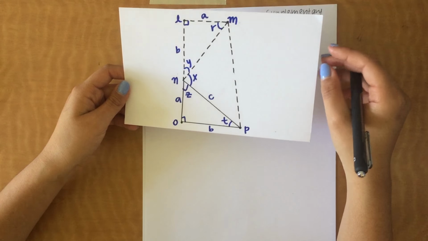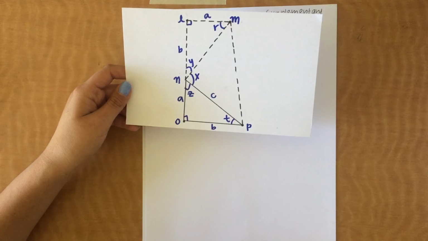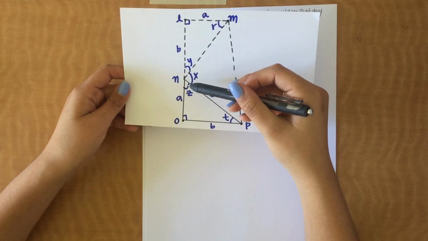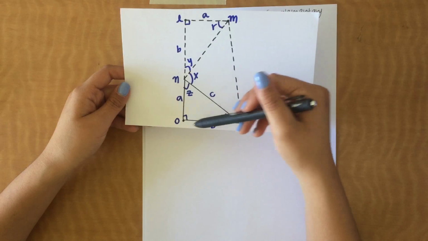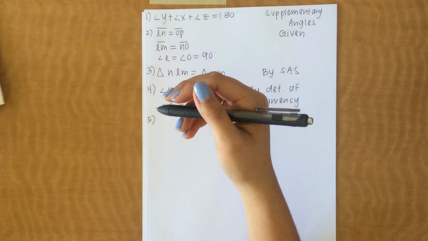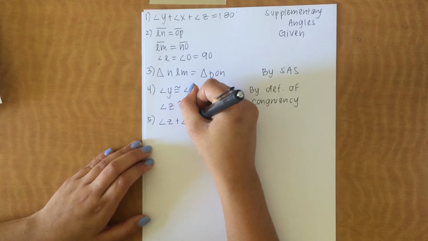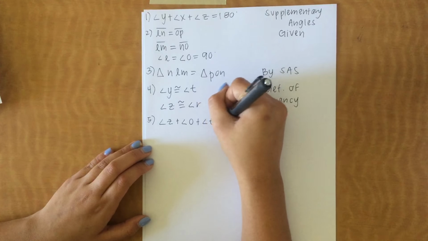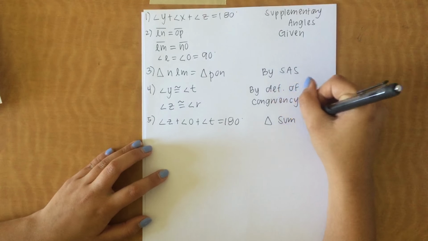And now we can do area of the triangle. So not the area, the angle sums of the triangle. So we know that angle Z, angle O, and angle T is going to equal 180 by triangle sum theorem.